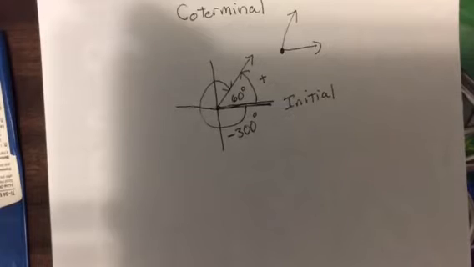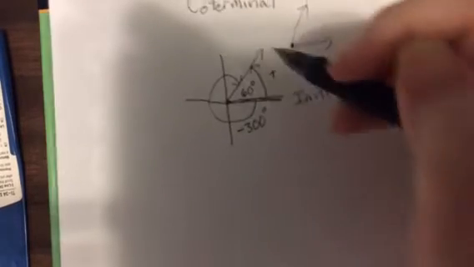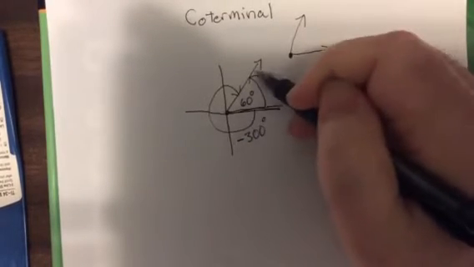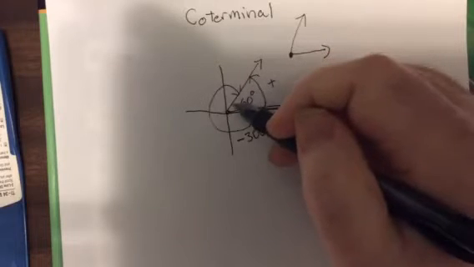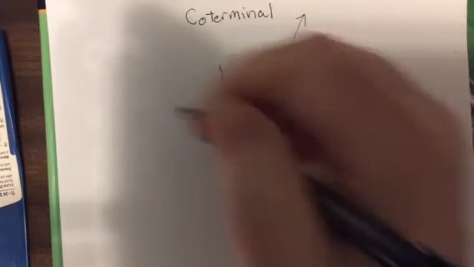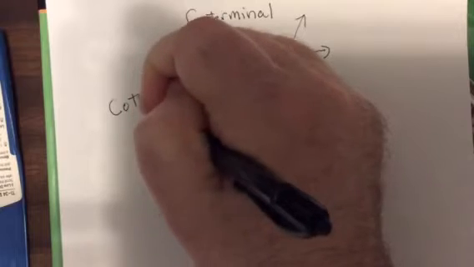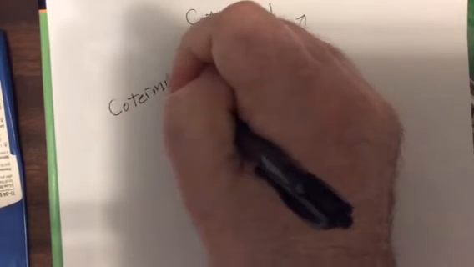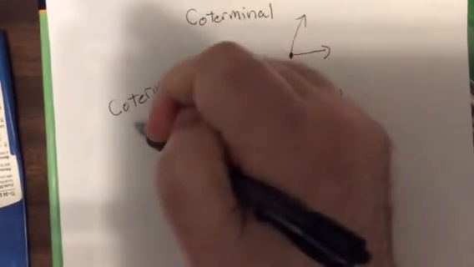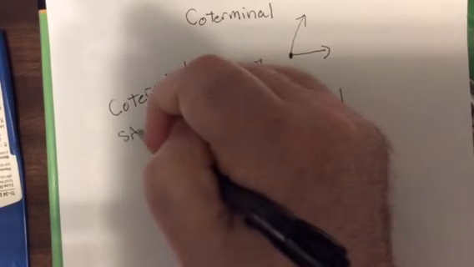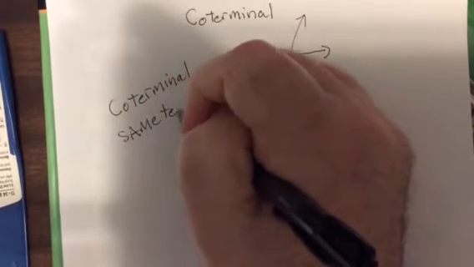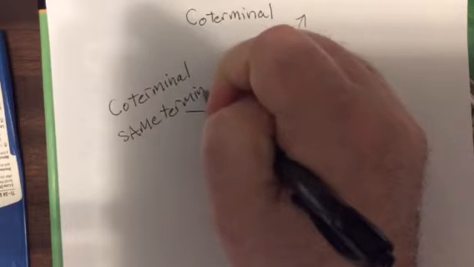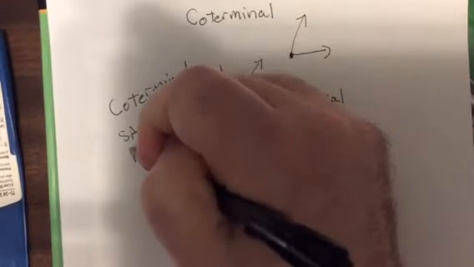So they defined it as any angle that has the same terminal side, but a different measure. They call that coterminal. So same terminal side, but a different measure.